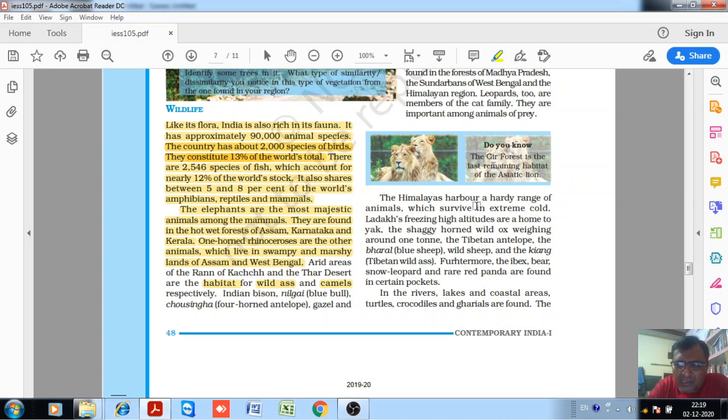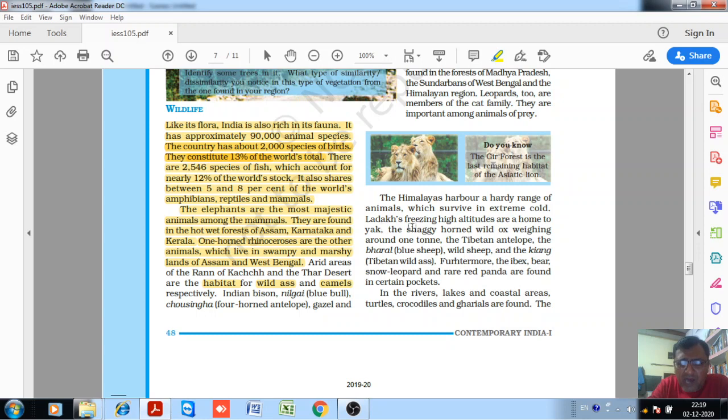The Himalayas harbor a hardy range of animals which survive in extreme cold. Himalayas have a great variety of forests also, and severe cold is also there. So that's why very few species of animals can survive there.